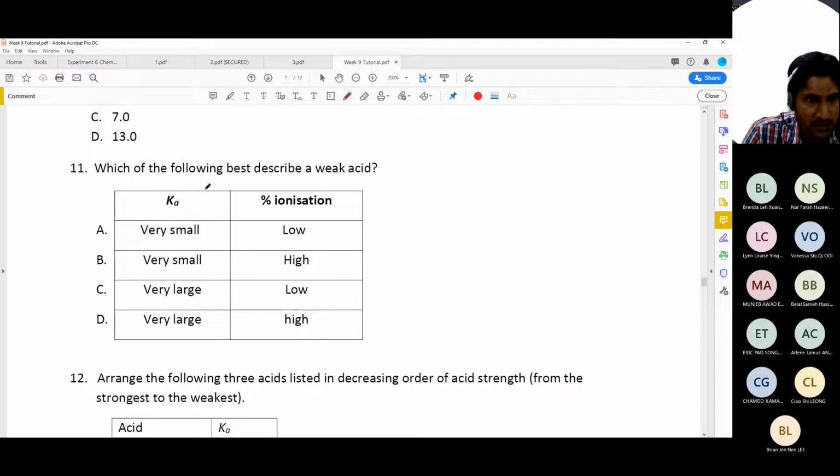Question number 11, which of the following best describes a weak acid? All right, what is a weak acid? A weak acid does not dissociate completely. So it will have low ionization or dissociation.